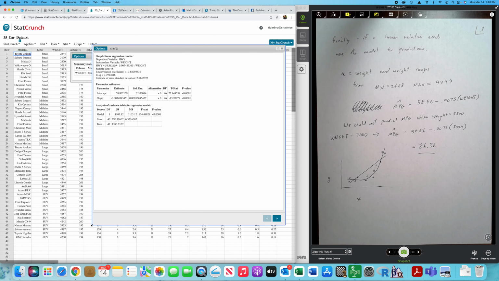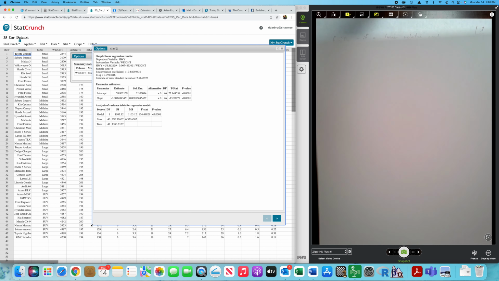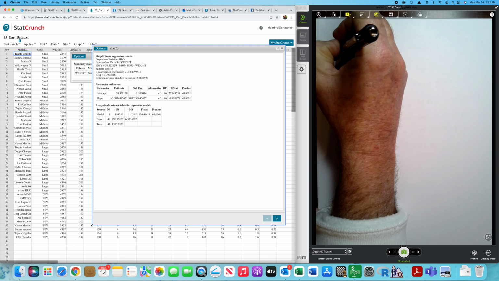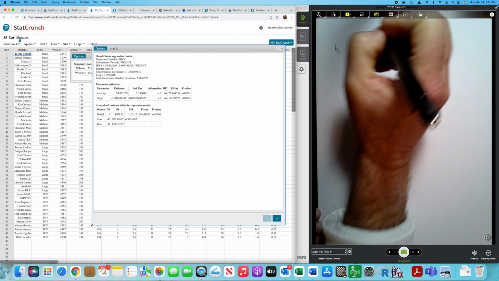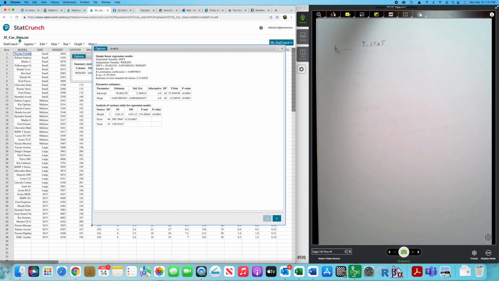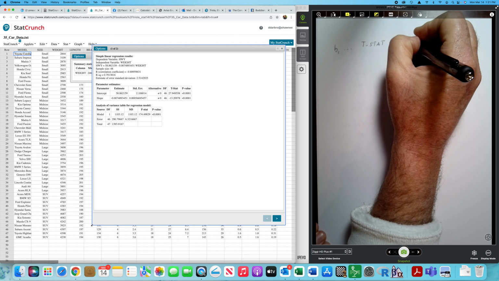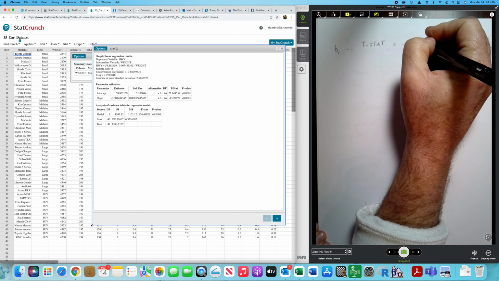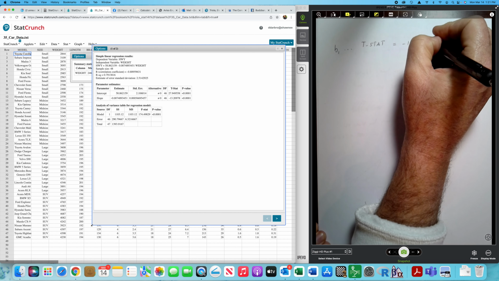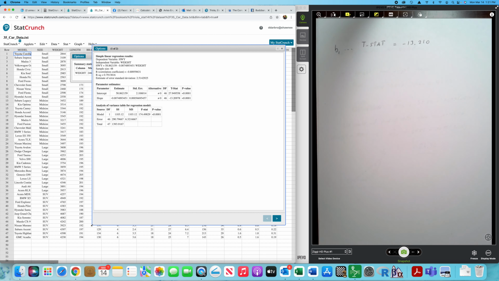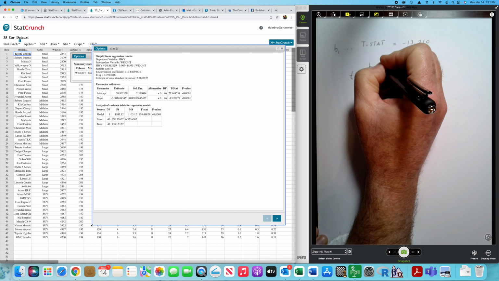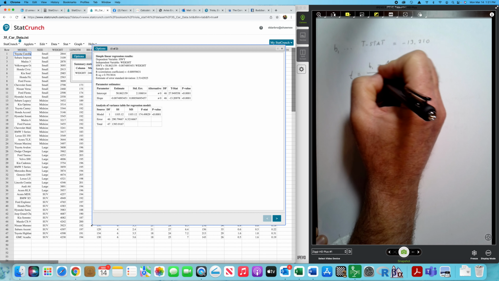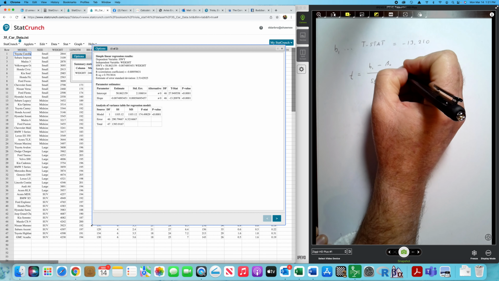First of all, we can come up with the t statistic. So for the slope, the t-stat, the test statistic, which in this case is negative 13.21. The way that's actually calculated is the test statistic is the beta 1 minus the beta 0 over the standard error for beta 1.